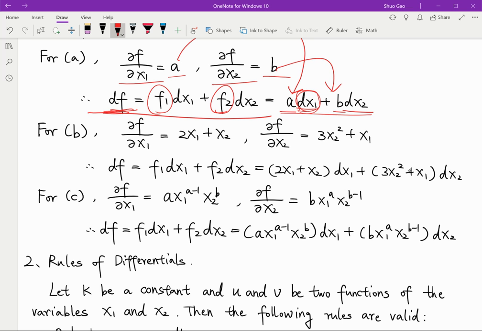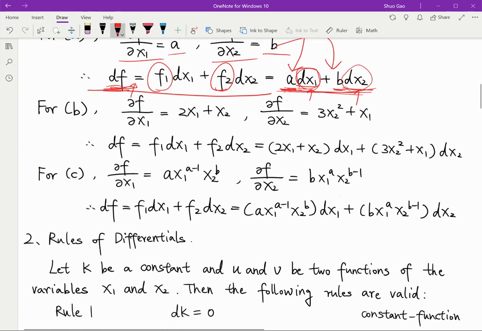So the first is a change of x1 times a, and then plus the change of x2 times b. So when x1 increases, this one increases, and a and b are both positive, so df should also increase, right? So this is the interpretation of df: the change of df is a function of a change of dx1 and a change of dx2.